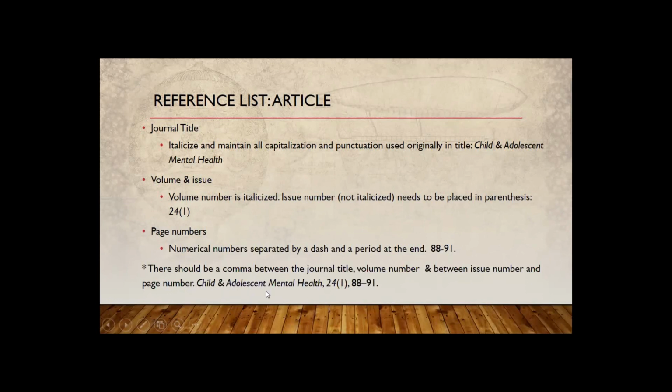So, child, adolescent, mental health, comma, 24, issue 1, comma. This just means that it's in segments. It's kind of like the encyclopedia, where you have the editor and the anthology or the encyclopedia. It's one main thing, just separated by commas.